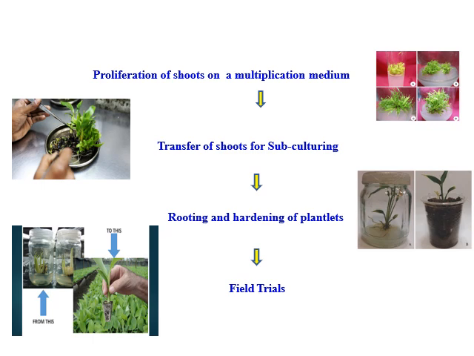By the field trials, after the transfer of the plantlets into the fields, if our micropropagated or plant tissue cultured plantlet grows well and survives nicely, it means our protocol, our procedure, our experiment is good. Otherwise, we have to repeat that experiment from the first step itself.